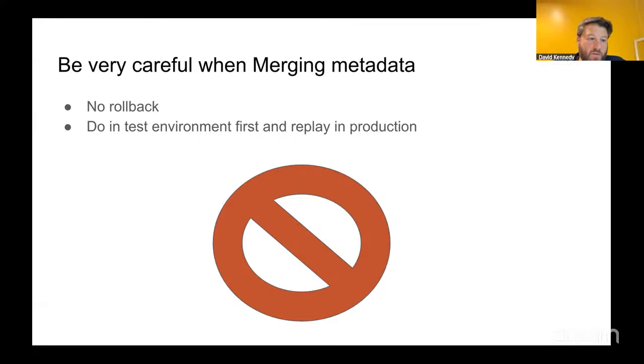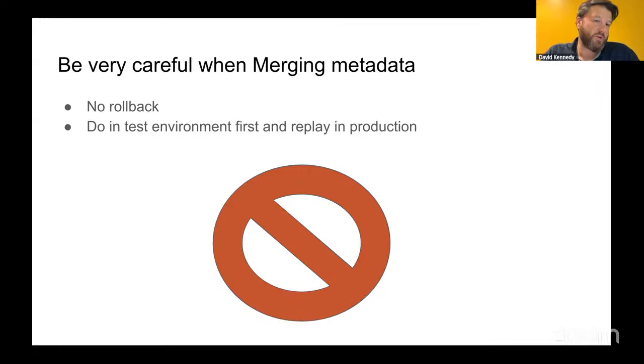It's a very powerful feature for cleaning up your metadata when it has gotten a little bit messy with duplicates, but please exercise a lot of caution. It should be done in a test environment first and then replayed in a production environment.